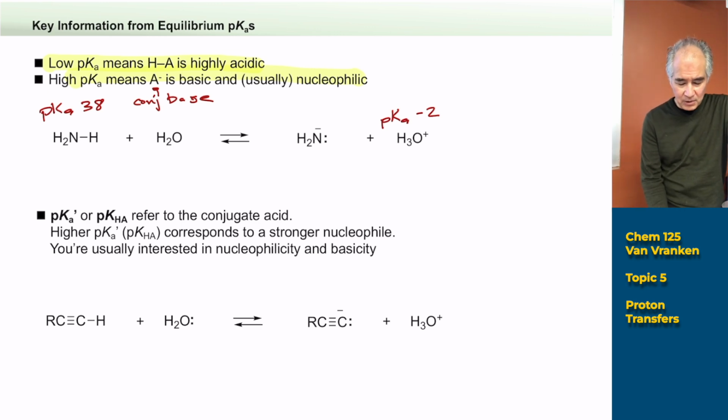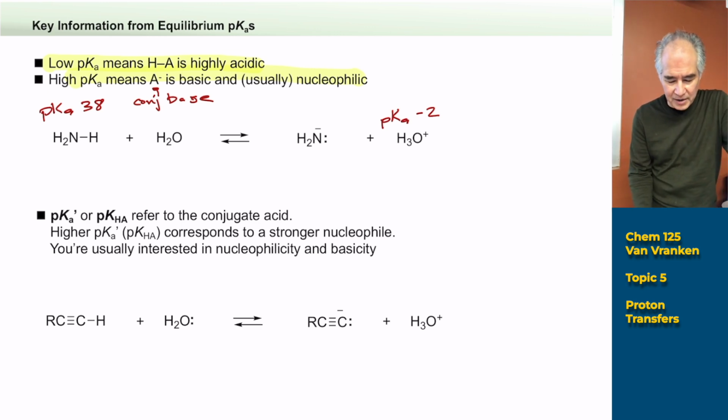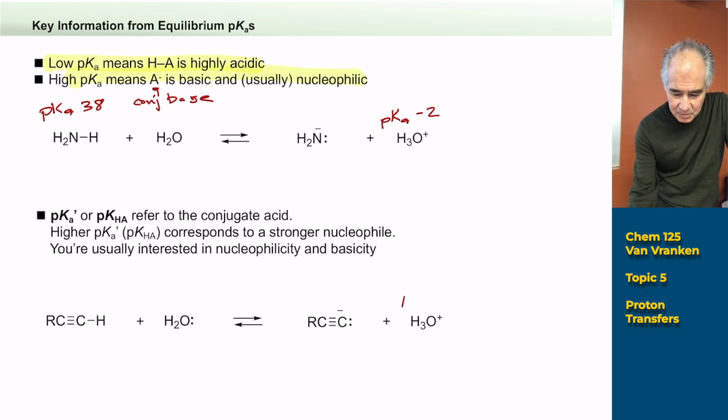Let me draw an equilibrium here, and I'll do it with water, but that would be an atypical scenario. So I've got some sort of an equilibrium process here. How do I think about nucleophilicity? What I'm going to do is identify the acid on each side. So it looks like we're transferring this proton over here, and then we're putting it on this water molecule to make that same hydronium ion.